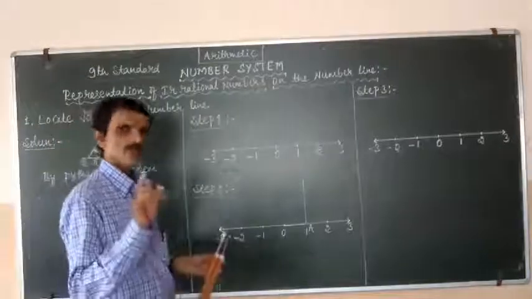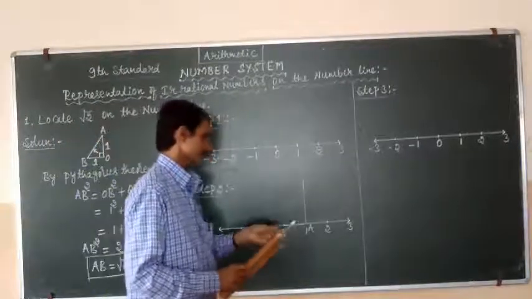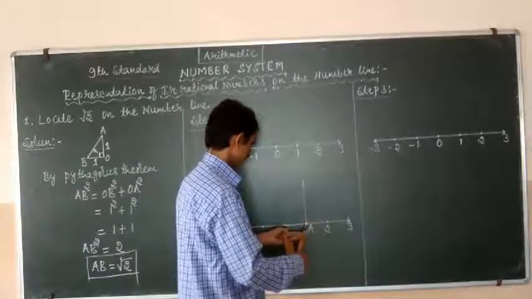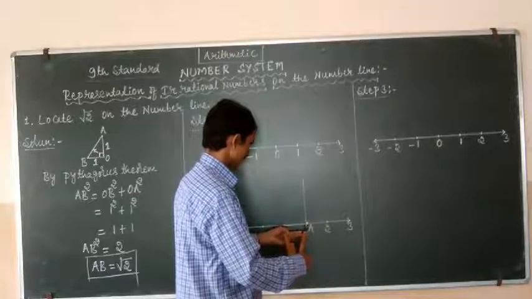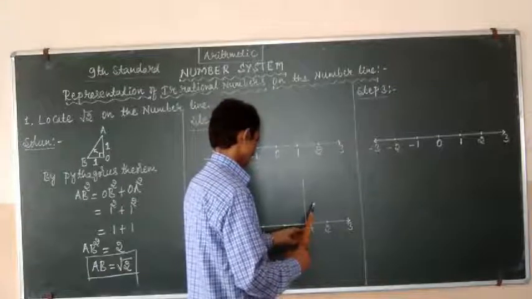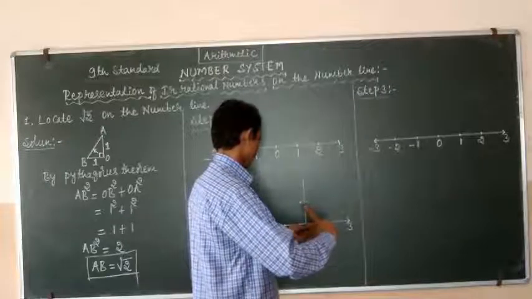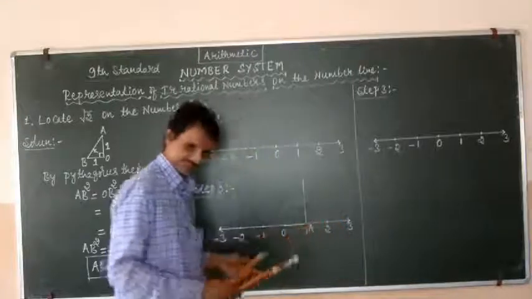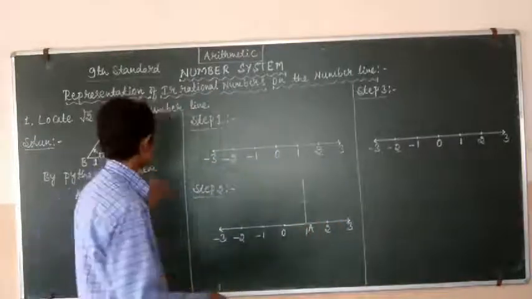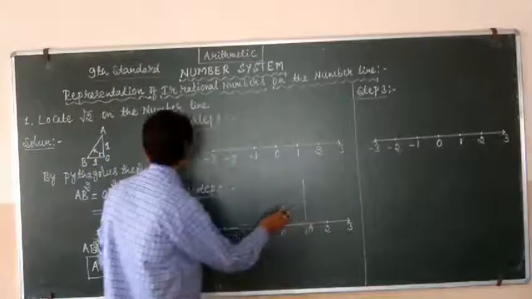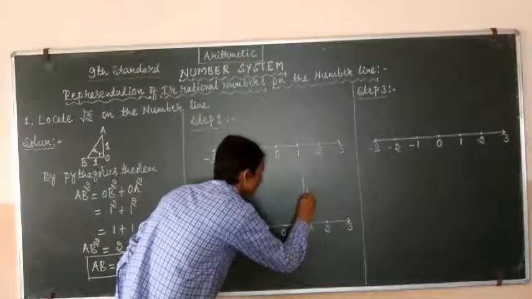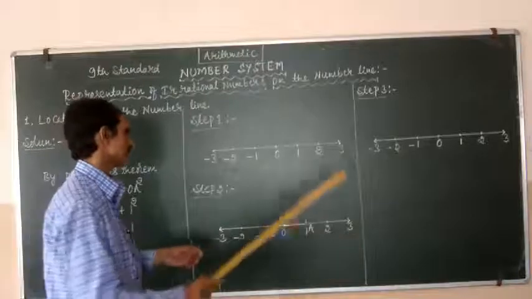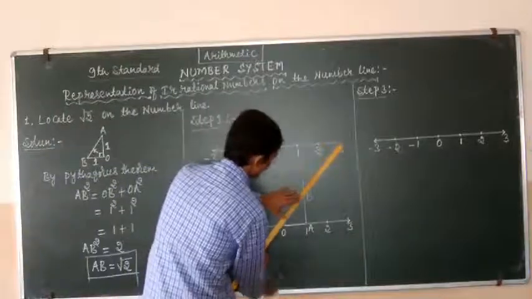It is also 1 unit. With the help of the divider, take a 1 unit measurement and mark a point on this side and call it B. Now join OB.